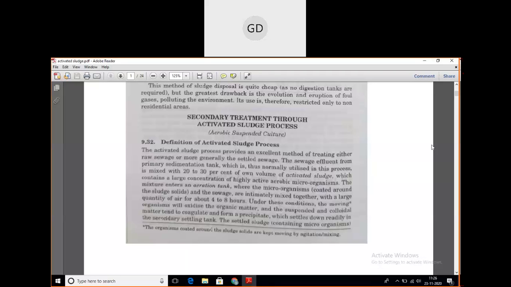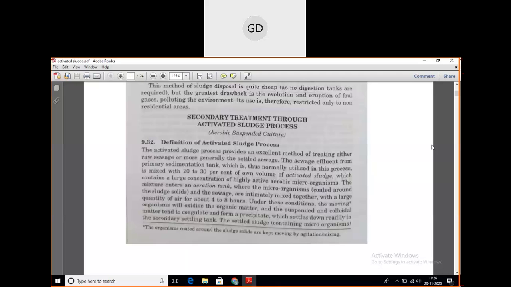These organisms oxidize the organic matter, and the suspended and colloidal matter tend to coagulate with each other and form a precipitate.